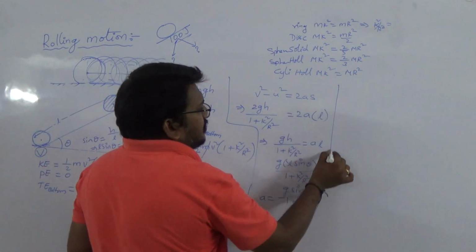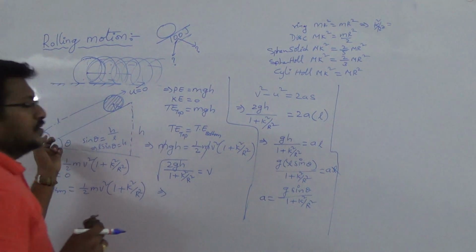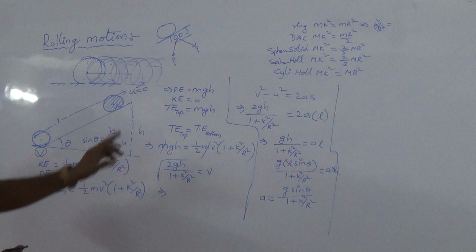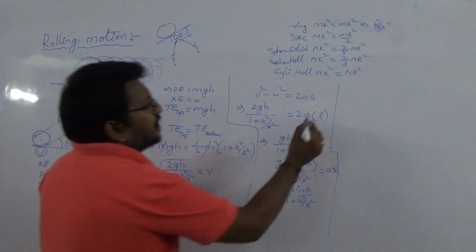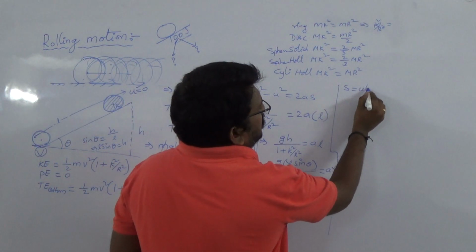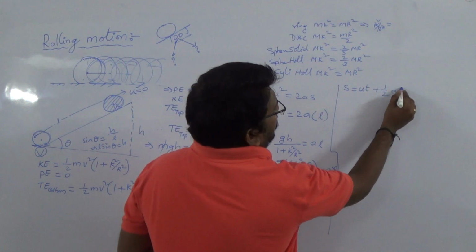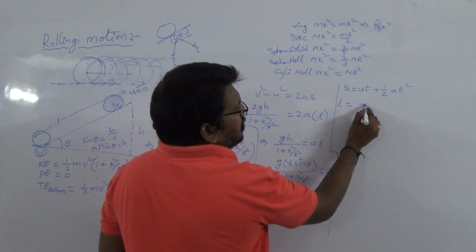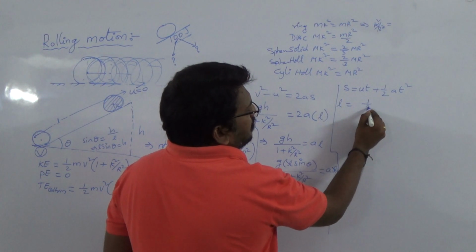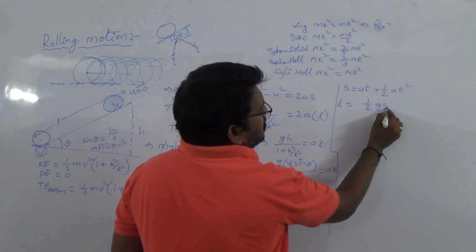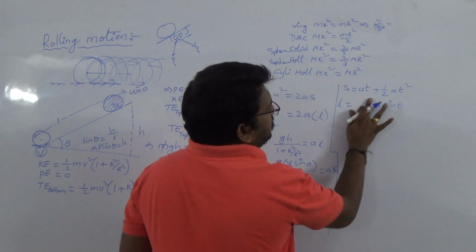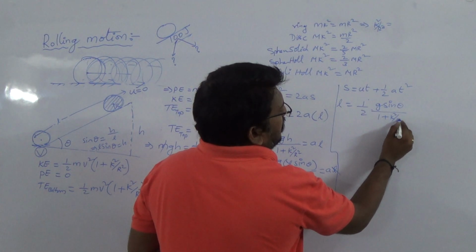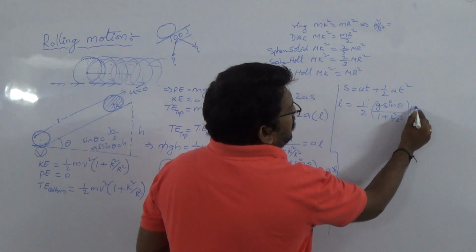What is the time taken to reach the ground? From here to here it takes some amount of time. That can also be calculated by using s equals ut plus half at square. Here u is 0, plus half a, where a is g sin theta by 1 plus k square by r square, into t square.